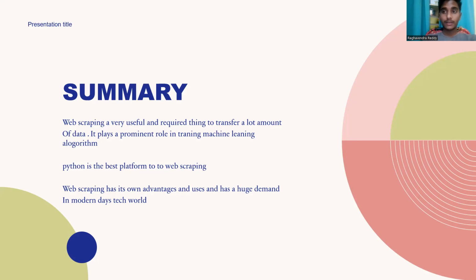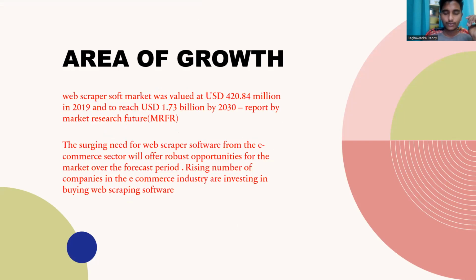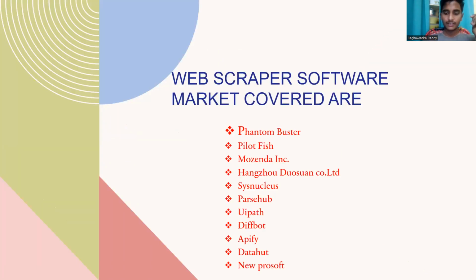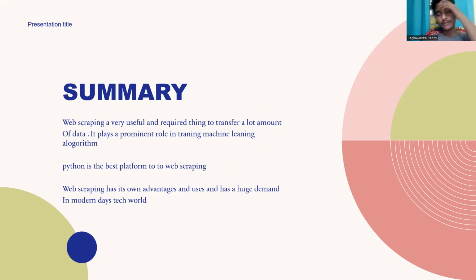We can also make our own search engines, and in many other ways web scraping is useful. Web scraping has its own advantages and a huge demand in the future, as shown in the slide. There are many other companies interested in web scraping, and Python is a very good platform to do it.